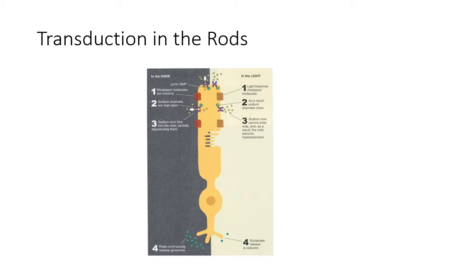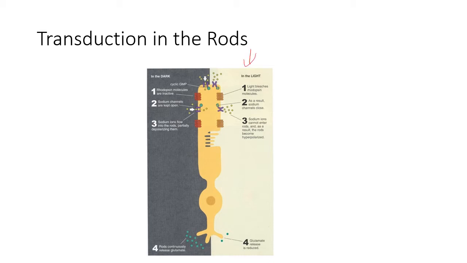The big thing that goes on here is what's referred to as rhodopsin. The important thing with rhodopsin is that it activates when light touches it, and that's what you see on the right here.